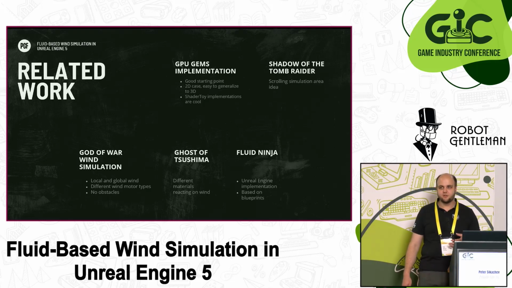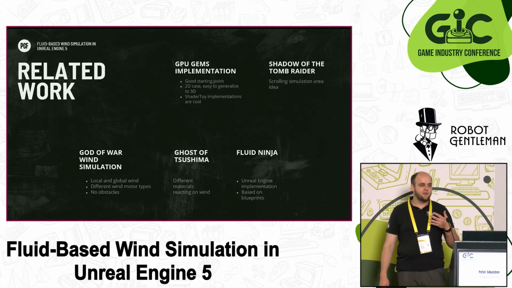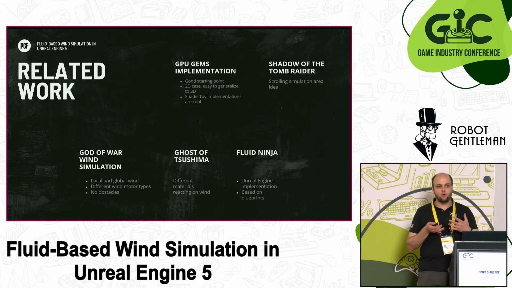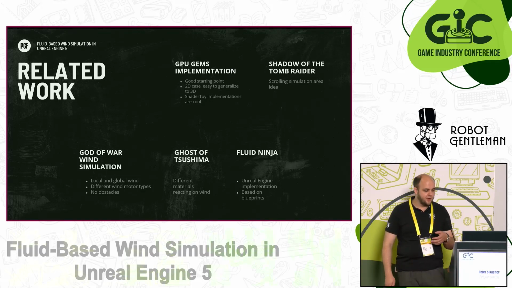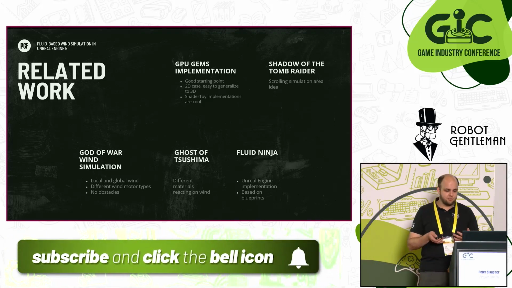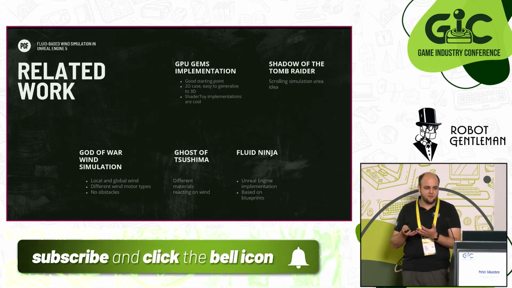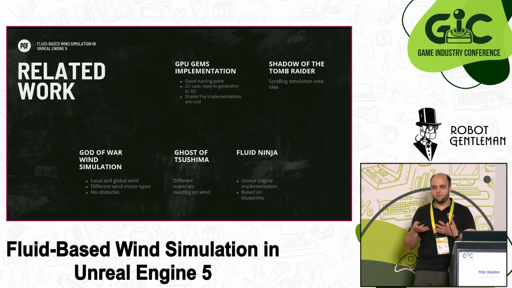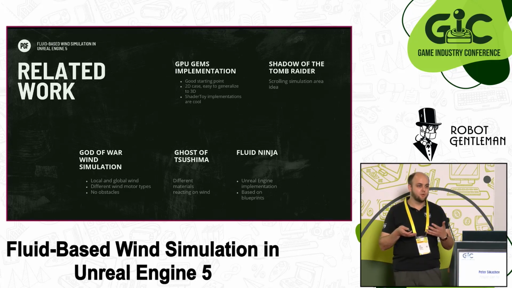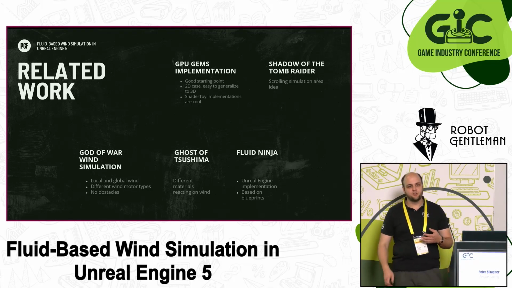But one of the biggest limitations was that they never really handled obstacles, because the fluid simulation they do is based on simple diffusion. And in Ghost of Tsushima, the approach was somewhat similar, but the presentation focused more on how different materials react to wind. So it's more, I would say, a tech art related talk, if you wish.